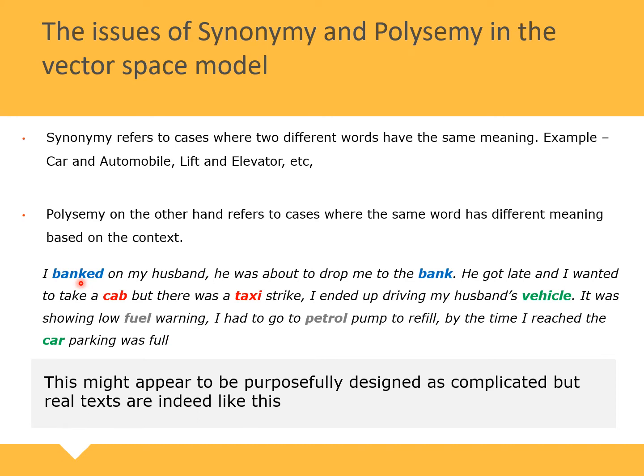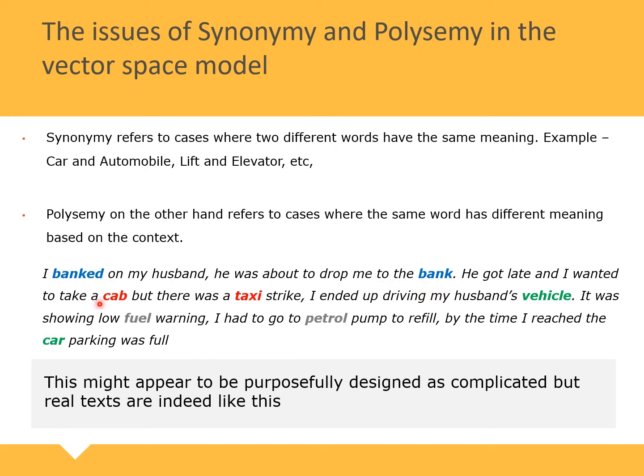So the banked and the bank. If you do stemming, then banked will be stemmed to bank. But this bank and the second bank here are completely different. This bank means that the lady actually relied on her husband, and unfortunately he let her down. But the second bank refers to the financial institute.